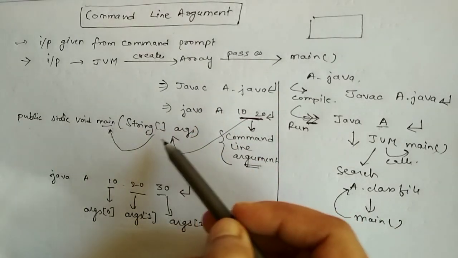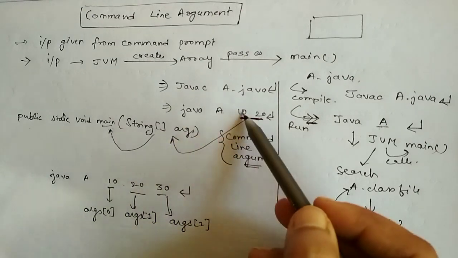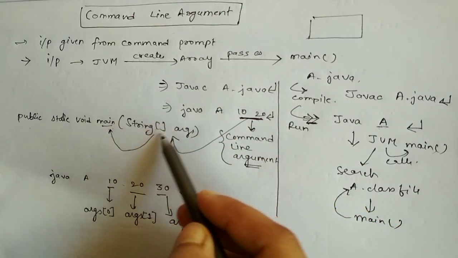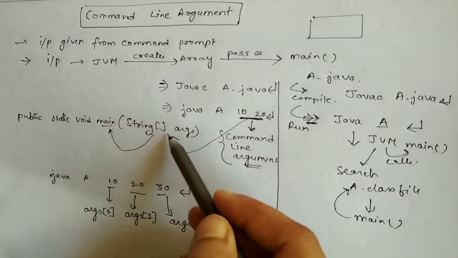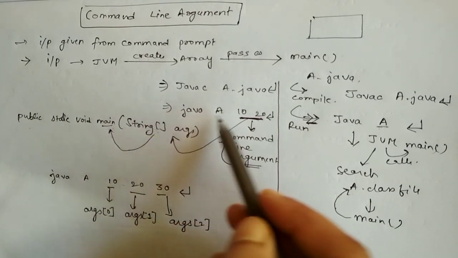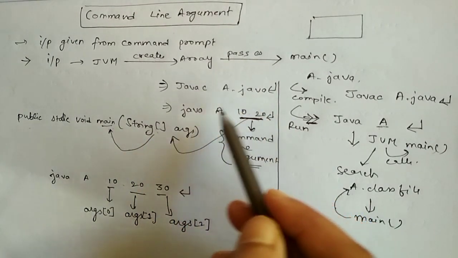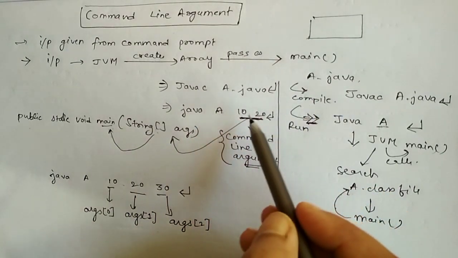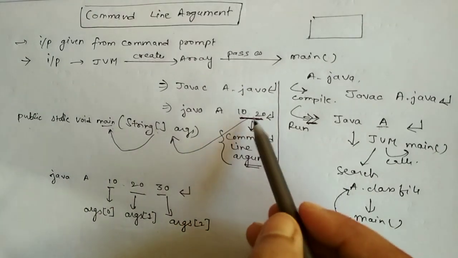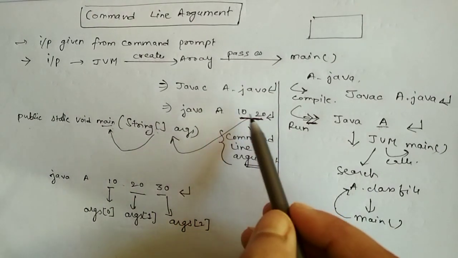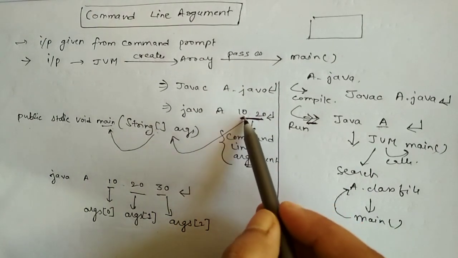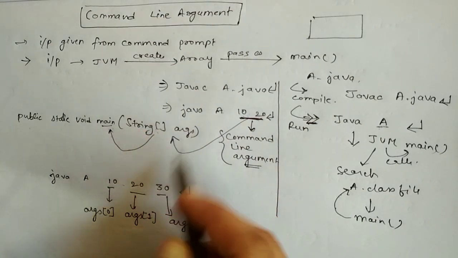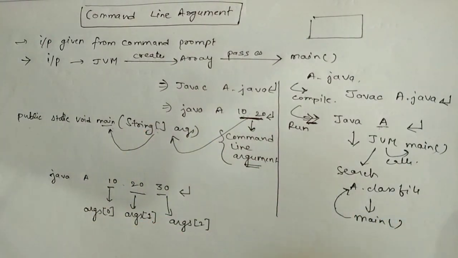At that time the number of command line inputs is 0 and there is no error, so it takes 0 input also. We don't always have to give some value through the command prompt while running a file. It depends on our need. If we want to take input from the command prompt at runtime, we have to provide it. If we don't provide any input, the length of the args array will be 0.